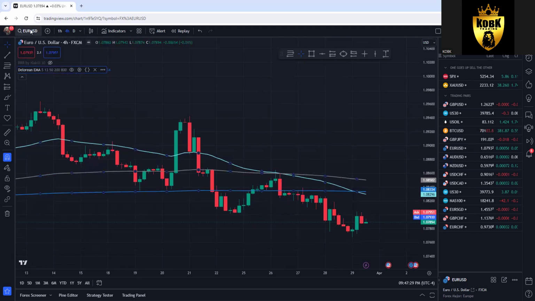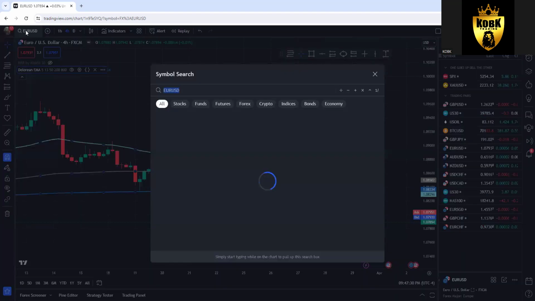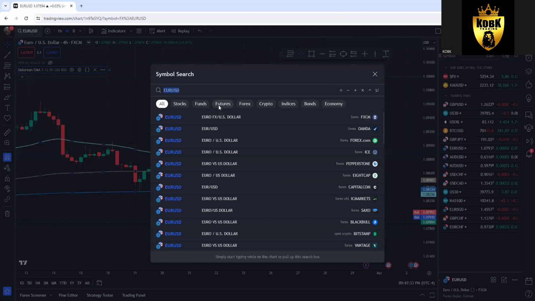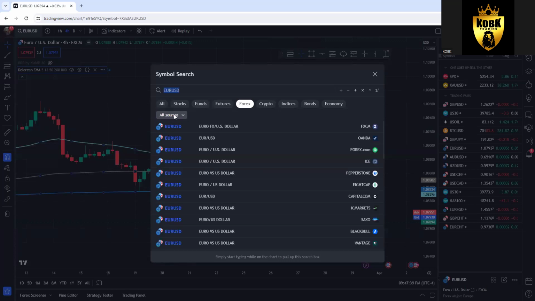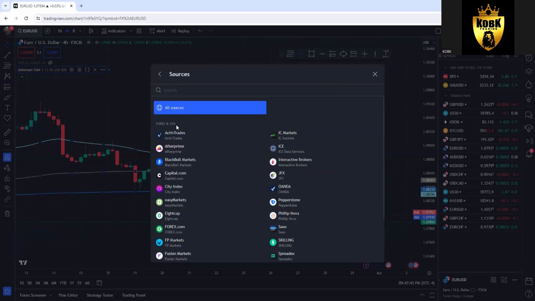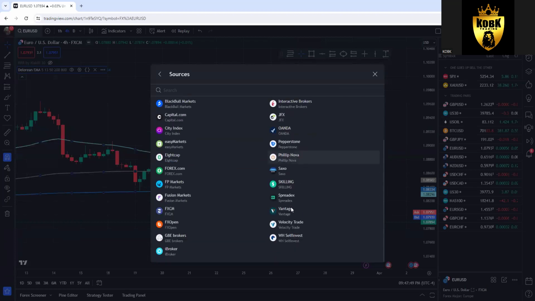Now, how we go to our pairs, guys, right here, you see it says EUR USD. We're only going to focus on the Forex pairs. Normally it will say all sources right here, but I want to select my pairs from one particular source. It doesn't matter which ones you guys pick.